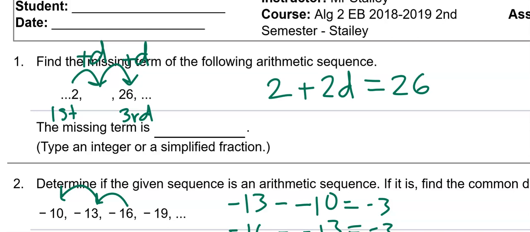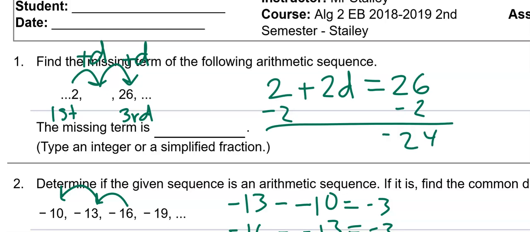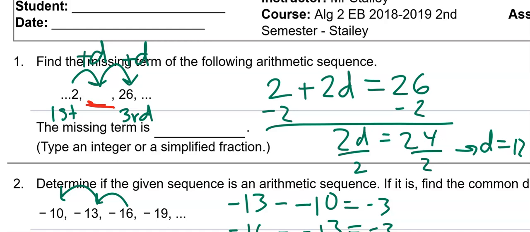Several of you are subtracting 2, you got 24 equals 2D divided by 2, you got 12, right? That means every time you go to the next term, you have to add 12. So if I'm looking for the one in the middle, it's 14, right? Because I had to take the 2 and add the 12. So I got a term of 14.